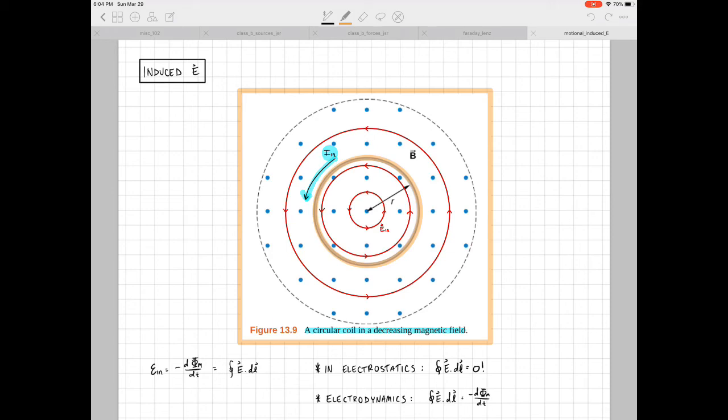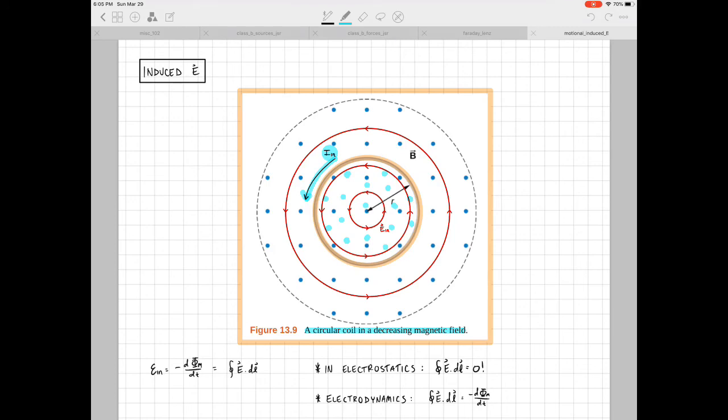So we need an induced B field inside the loop coming out of the page to oppose that decrease in flux. And the only way we get a B field out of the page inside the loop is if the induced current is counterclockwise. All right, so that's Lenz's law.